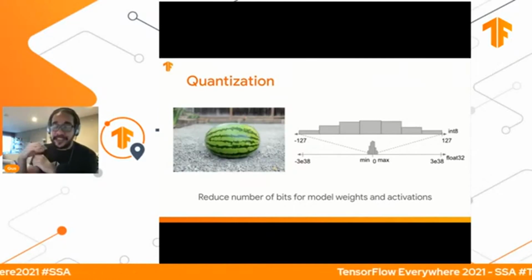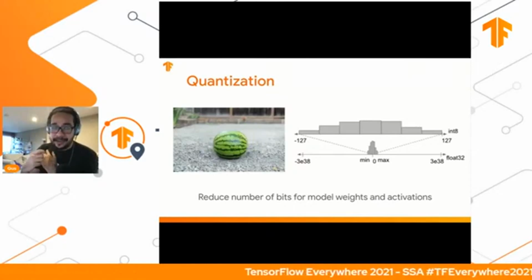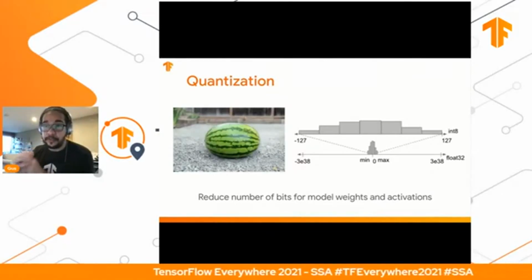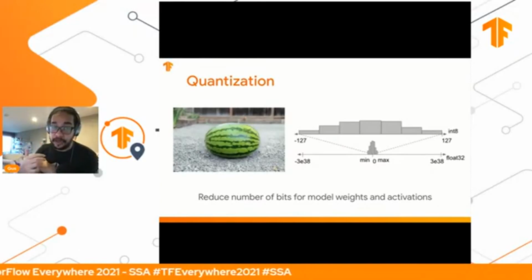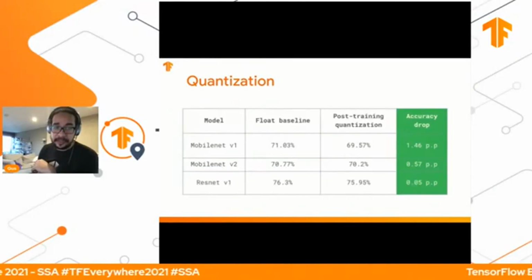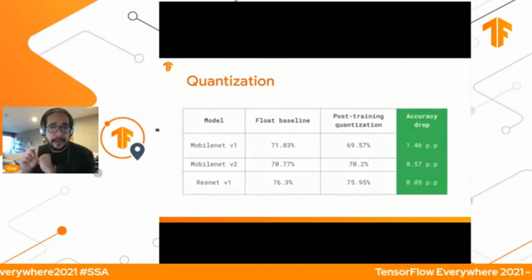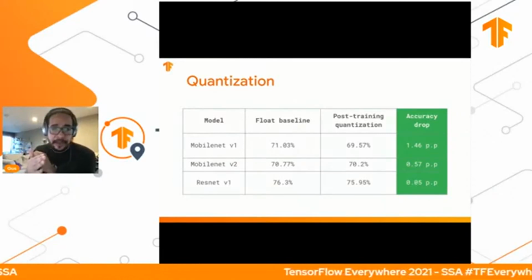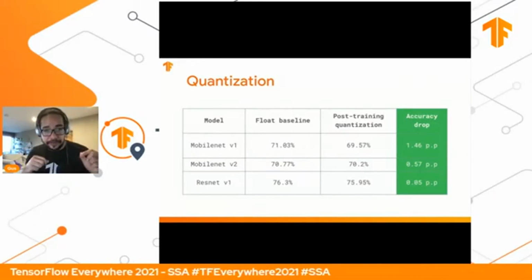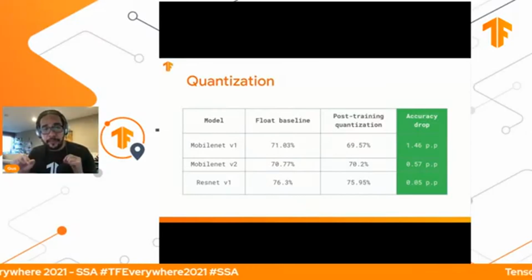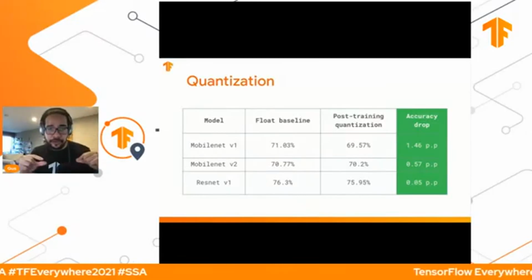Taking this decrease in precision is super valuable, and it makes models much smaller, and you don't lose too much accuracy. Let's take that. Here we have a good example. We have 3 examples of models, and we have the accuracy of them. And then we have the float version, the float32 that I just mentioned.